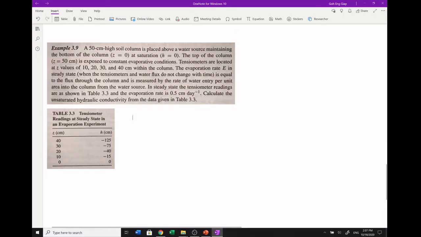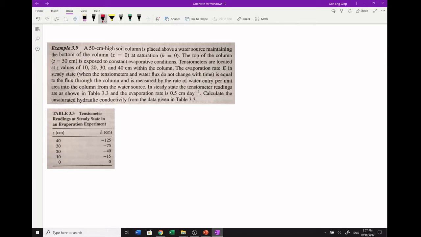Okay. Now let's look into another example. This is example 3.9. So this is a 50 centimeter high soil column.